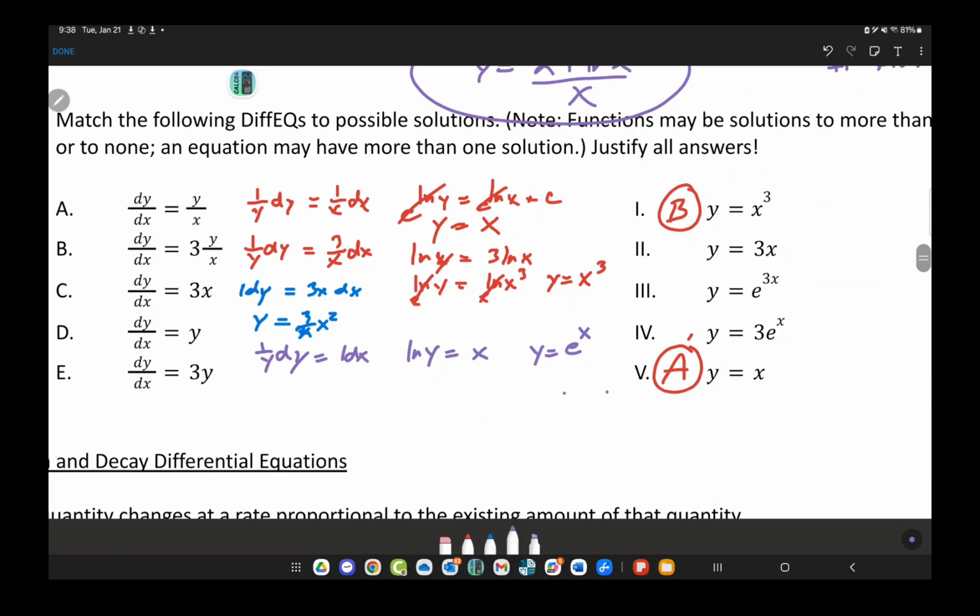Are you sure? Because this is a possible solution, not a definite solution. C has a coefficient and it changes the answer. C's not involved here. C's not a coefficient. C's a constant.